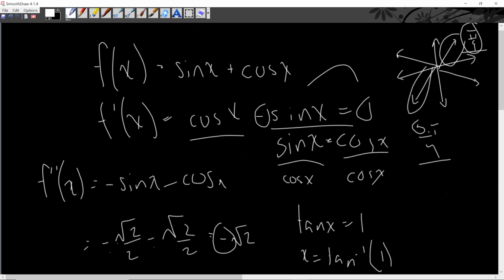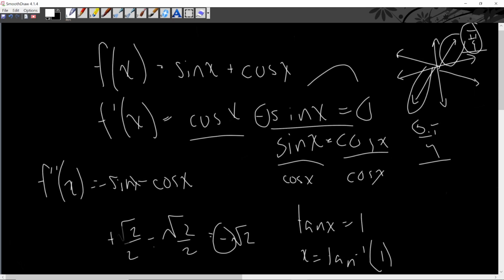And let's look at the f double prime at 5 pi over 4, negative sine minus cosine. When you plug in 5 pi over 4, you get positive root 2 over 2 because sine of 5 pi over 4 is going to be negative root 2 over 2. So this will cancel out with the already existing negative.